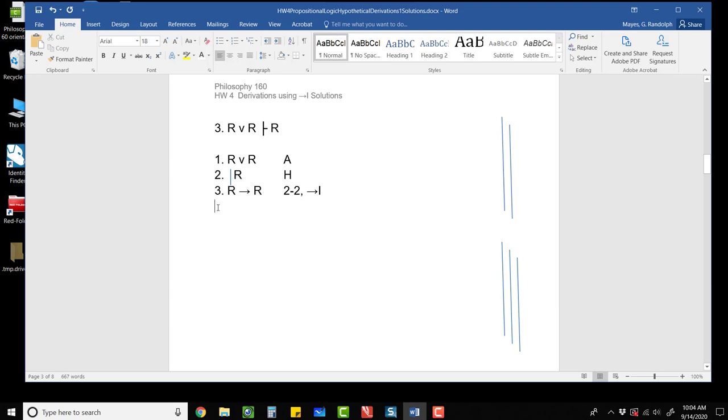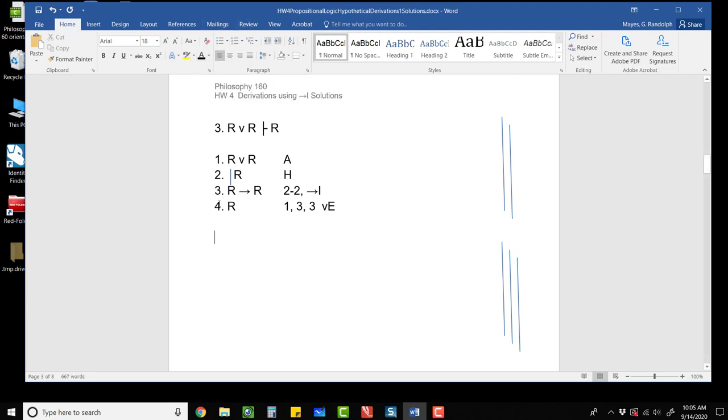Now, if you, on your own, went ahead and hypothesized R again and derived if R, then R again, that's okay. That actually works, and it shows you understand the rule perfectly well. But the truth is that you don't need to do it again. You've already got it, so you can just cite the line twice. So we're actually within one line of finishing this proof.